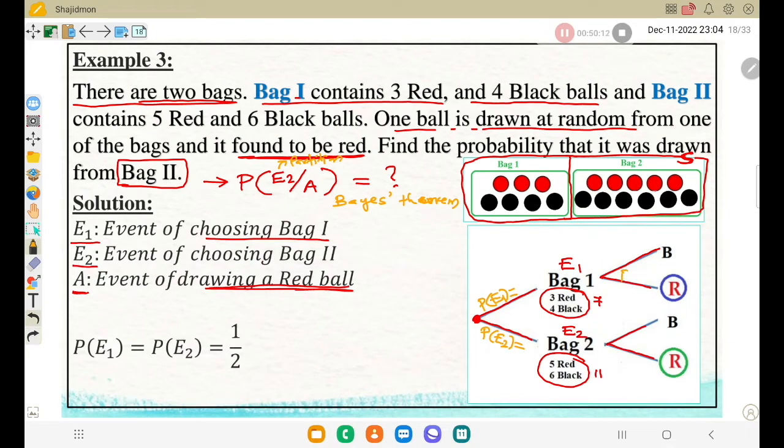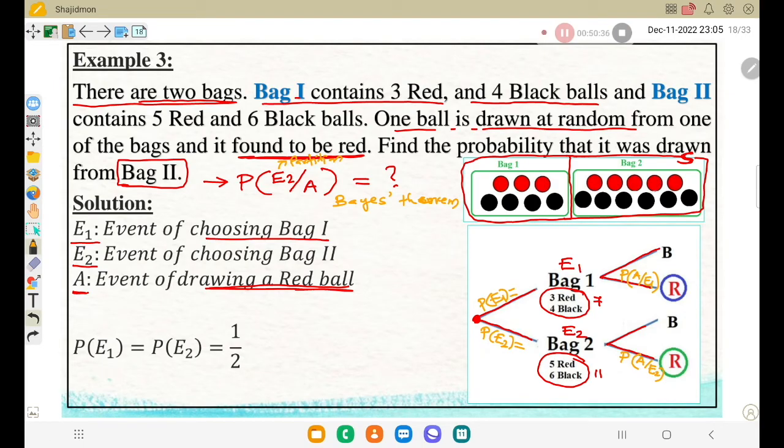So the probability of a red ball, A, from bag number 1, E1, we write here, and the probability of a red ball, that means A given bag number 2, E2, we write here.